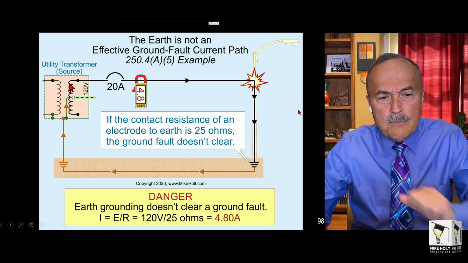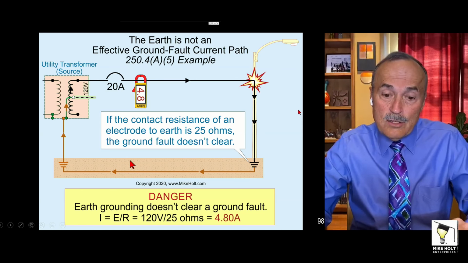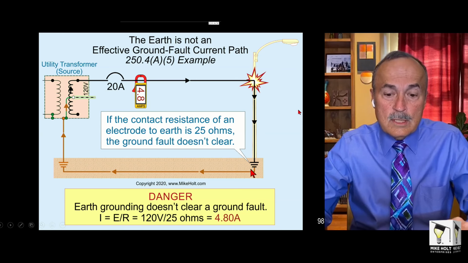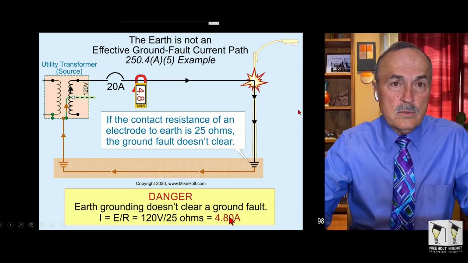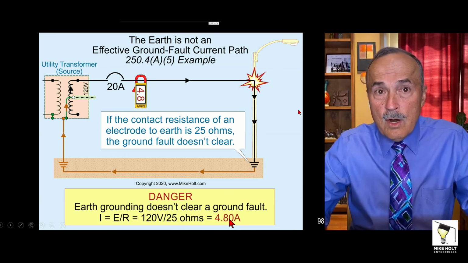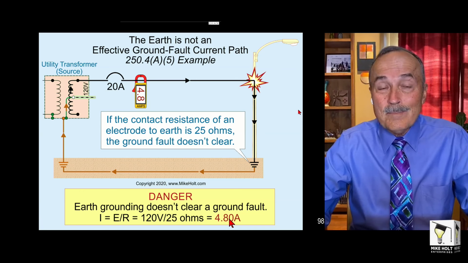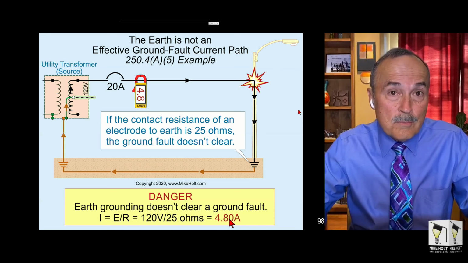So how many amps would leave the source, travel to the metal pole, energize the metal pole, go to the ground rod, and then travel in the dirt and find a path back to the source? If that resistance right here was 25 ohms, well, Ohm's law shows you I equals E over R, 4.8 amps, right? Guess what? It's not tripping a breaker. It's okay because it's not supposed to trip a breaker.